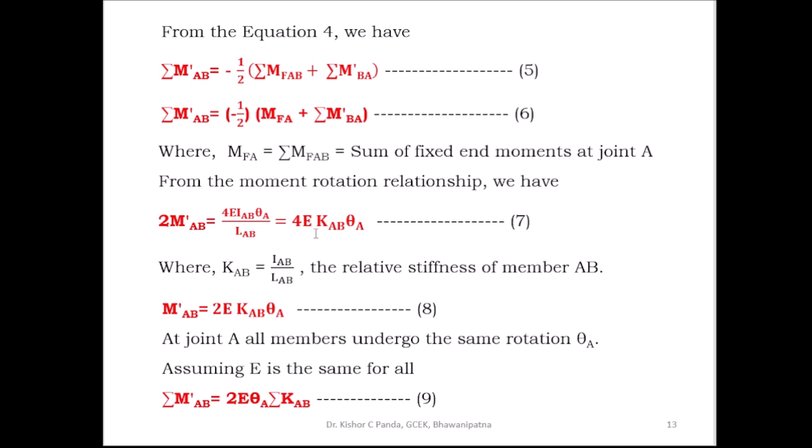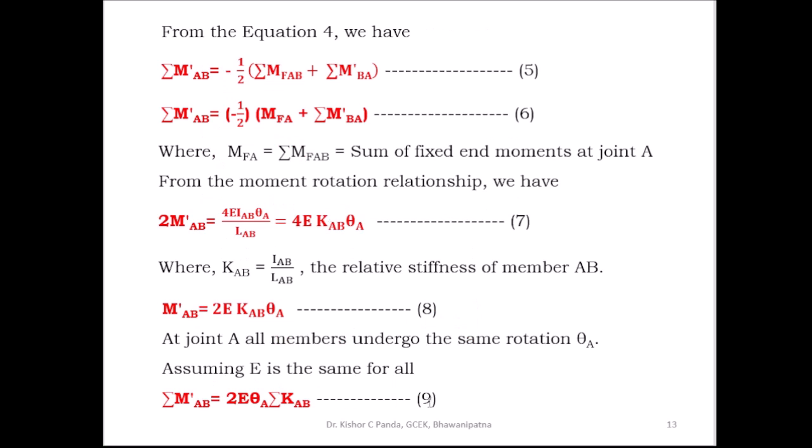So 2M dash AB is equal to 4E KB into theta A. Similarly, M dash AB is equal to 2E KB theta A. At joint A, all members undergo the same rotation theta A. So assuming E is the same for all the members, summation of M dash AB is equal to 2E theta A, summation of K, the sum of the relative stiffness of the members which are meeting at the joint A.